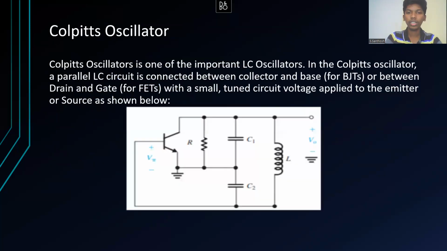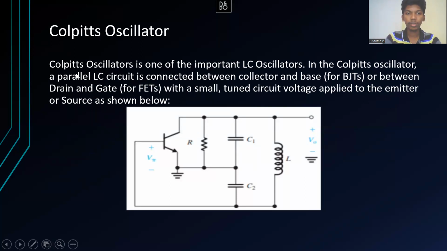So Colpitts oscillator is one of the important LC oscillators. This is the circuit diagram of the Colpitts oscillator, where you have a tank circuit, a transistor amplifier, and a feedback given to it. Over here you can see that the tank circuit is connected in parallel between the base and the collector region.